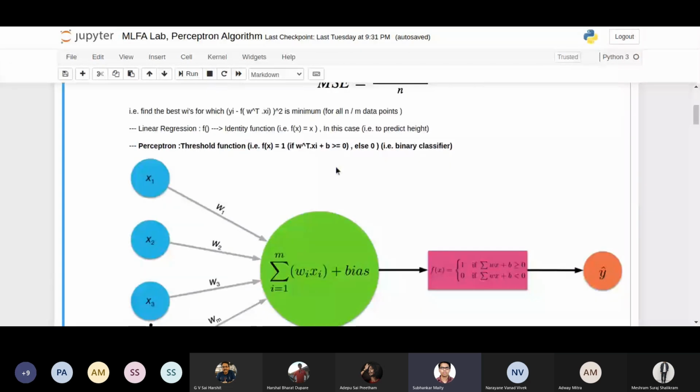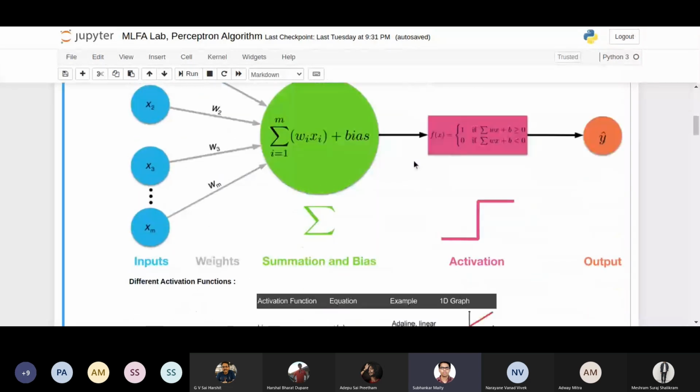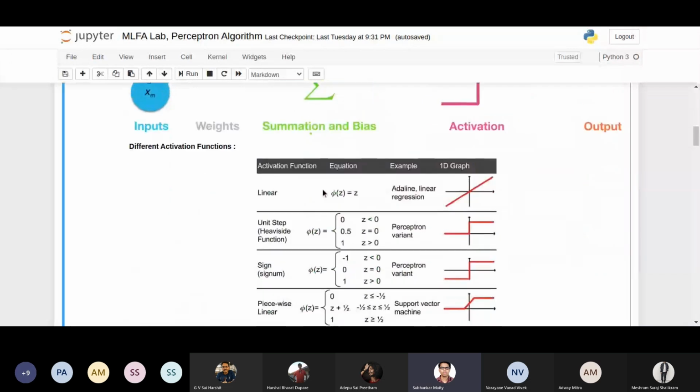As I said, if you use this f(x) as the identity function, where identity function means f(x) equals x, then it will act as linear regression. And in the case of perceptron, this f(x) is a threshold function, which is f(x) equal to 1 if w transpose x plus b is greater than or equal to 0, or else 0, which is a binary classifier. This is discussed in this example.